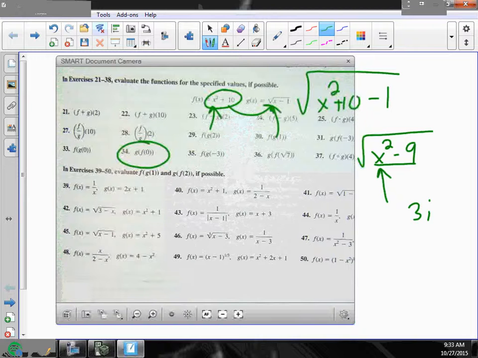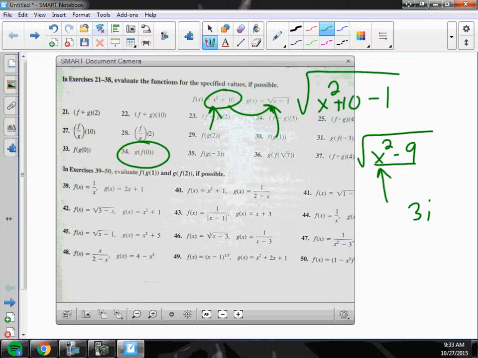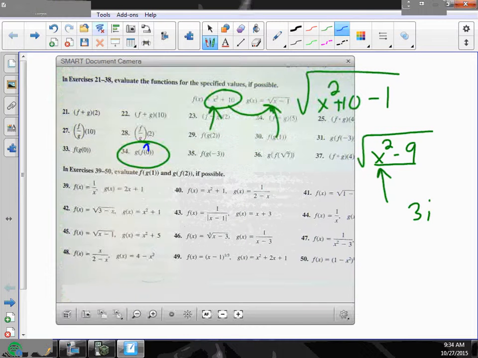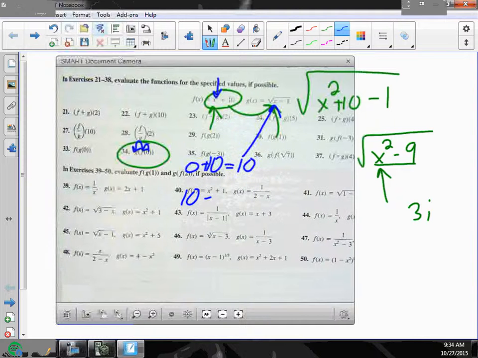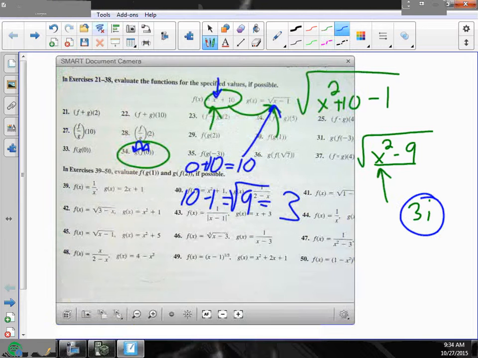So what did we do wrong? Well, we got to follow. This says put 0 into f, and then put that answer into g. So if I stick a 0 in for f, I get 0 plus 10 equals 10. And now I take that 10 and stick it in there. 10 minus 1 is 9, and the square root of 9 is 3. But that's not the answer I got on the other side.